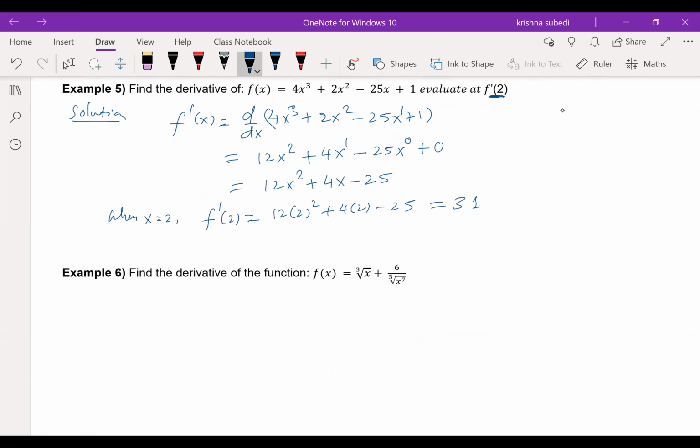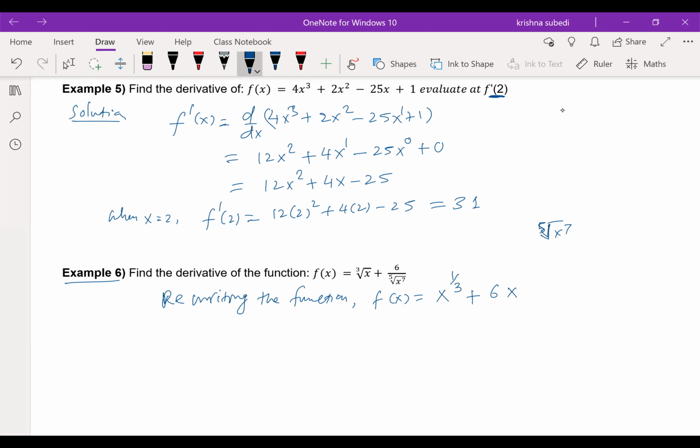Okay, so let's look at another example. Find the derivative, this time with a radical sign. Like I said earlier, you need to rewrite this. Rewriting the function, we will get f of x equals x to the third power, 1/3 power, x raised to power 1 over 3, plus 6x, this is x power 7.